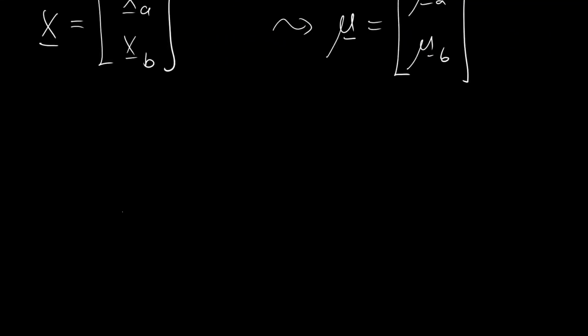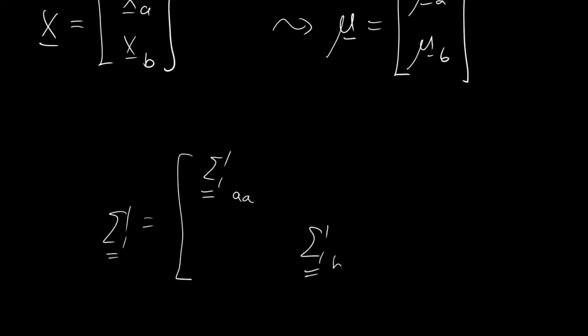And then we have our covariance matrix, and the covariance matrix contains the entries, or in other words, submatrices of sigma AA, which contains the interaction of A with A itself, so how the first 3 elements of our 5-dimensional vector interact with each other.